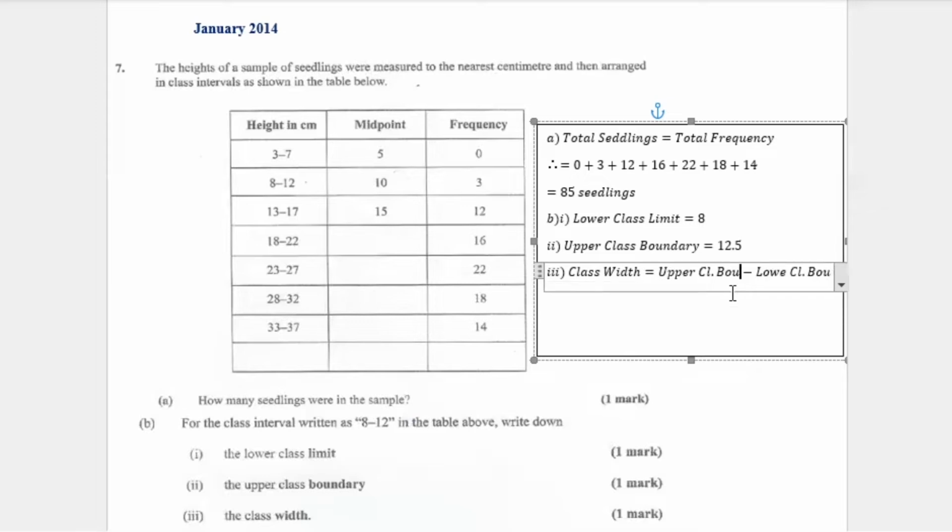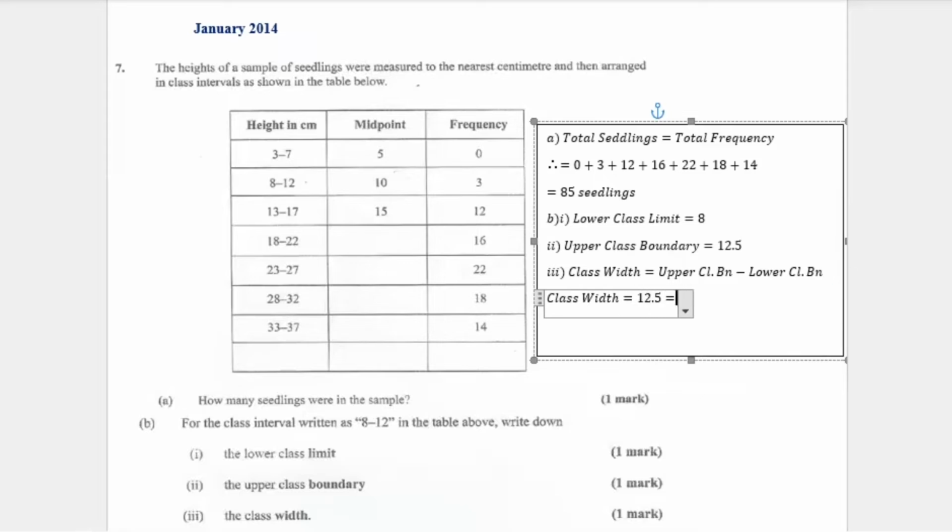So it is the upper class boundary minus the lower class boundary. And that is the formula. So class width is equal to, we know what the upper class boundary is, which is 12.5.